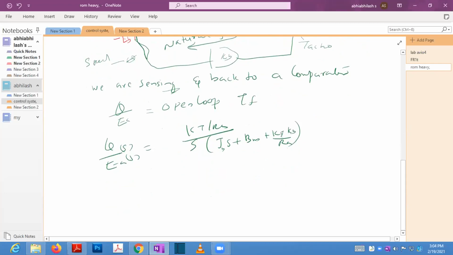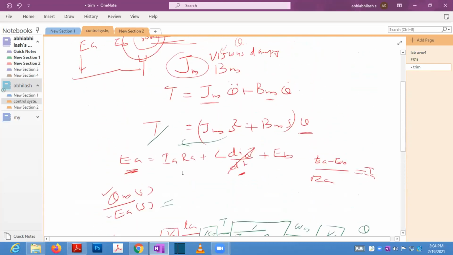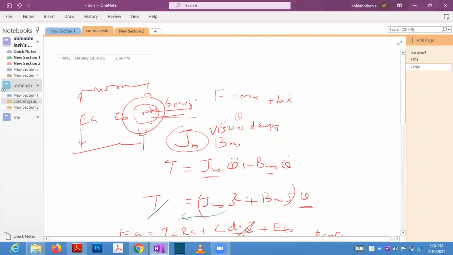So this is extra coming. This is called electromechanical damping, Kt Kb by Ra. So now the open loop transfer function of this motor is ready.